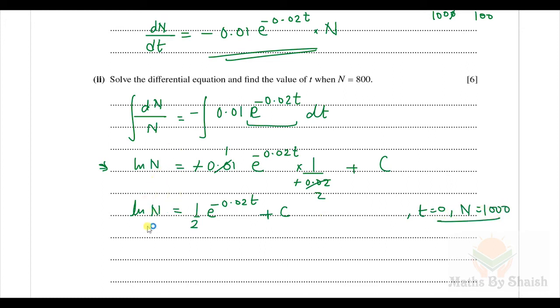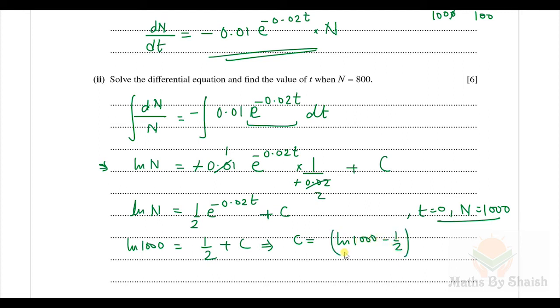So we will get ln 1000 is equal to 1 upon 2, and we put t is equal to 0, so this is 1, plus c. So we got the c value as ln 1000 minus 1 by 2.